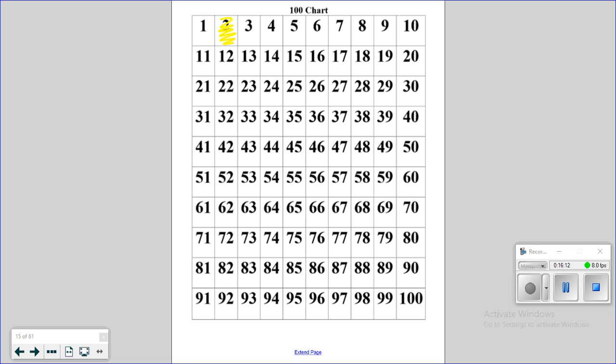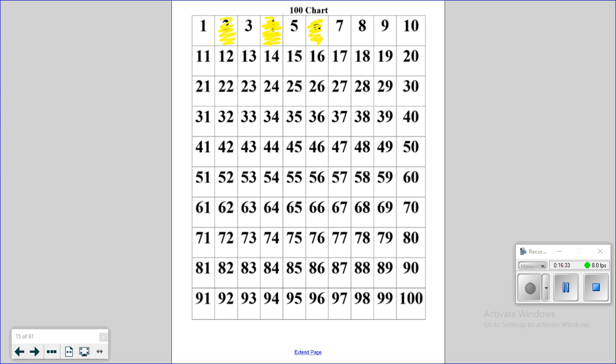What's going to come next? 2 groups of 2. Devin? 4. Go ahead and color that in. What comes next? 2 groups of 3. Bella? 6. Go ahead and color that in.